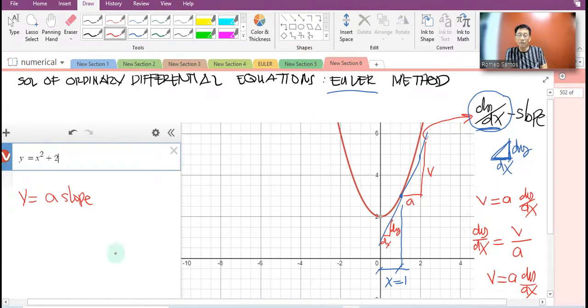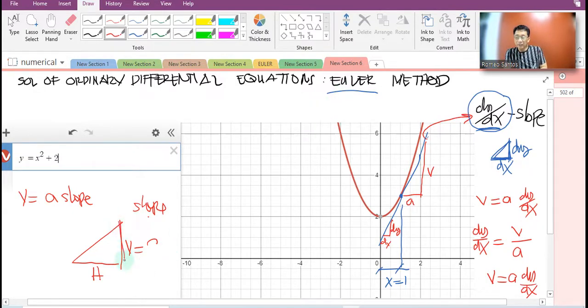So if you have a line and you know its slope, just multiply the horizontal distance by the slope and you get the vertical distance. So that is all. This is the basis of the Euler method.